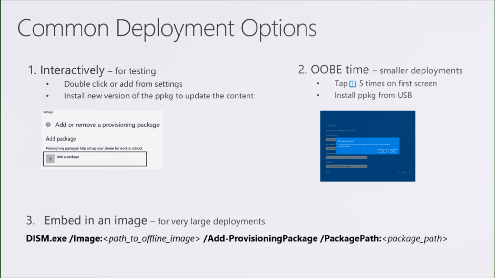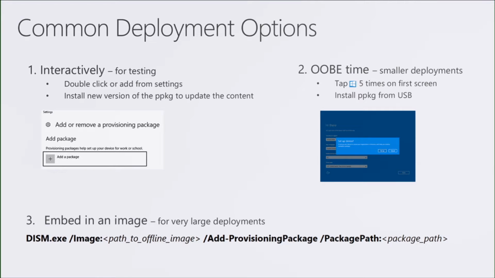You just say yes, and it does the provisioning and skips the rest of UBI. So it's just a few clicks, and you don't have to go through all the UBI complexity. Before Anniversary Update, you had to tap the Windows key 5 times to invoke the wizard, and you can still do that. This works great for a few dozen devices up through a few hundred.